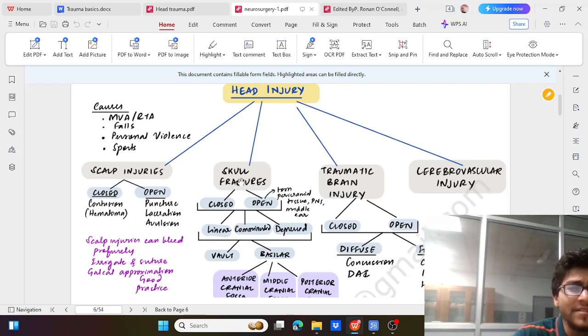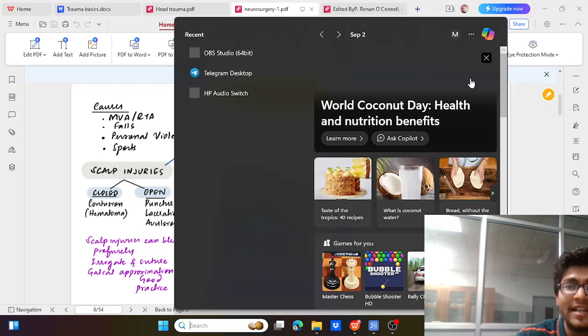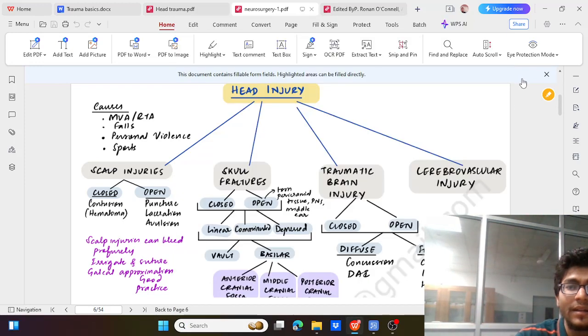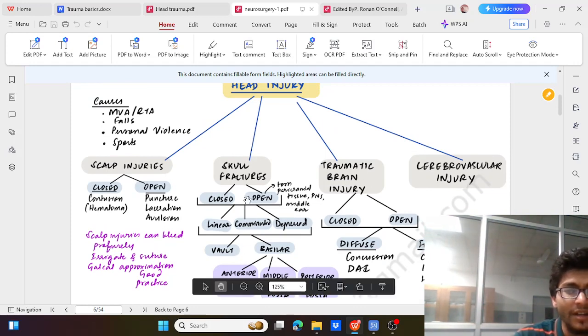Then skull fractures. They could be open or closed, and the fracture can be in the form of a linear fracture, comminuted fracture or depressed fracture. According to the anatomy, it could be a vault fracture or a base of skull fracture, that is, a basilar fracture. I'm sorry, my computer is malfunctioning today, so there will be some disturbance, but we'll manage.